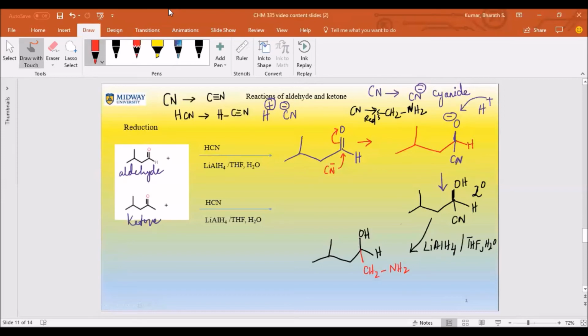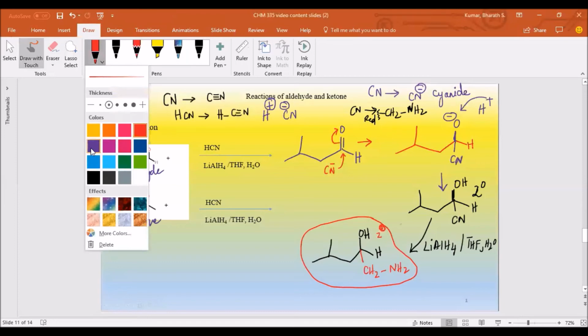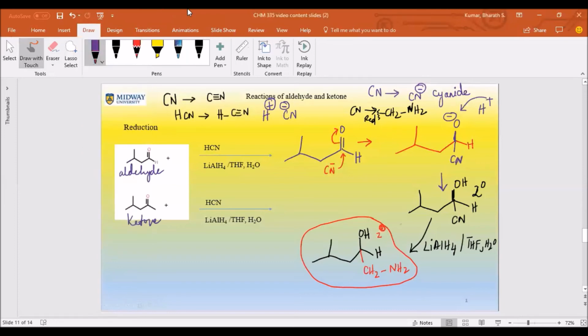This is the actual final product. If you notice, the secondary alcohol is still retained. It's not disturbed once it's formed. So when an aldehyde is reduced, it produces a secondary alcohol. Now, without going into the mechanism, you can figure out the product. Let me write the product.